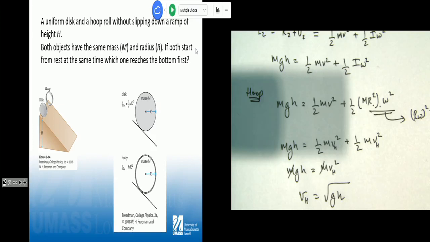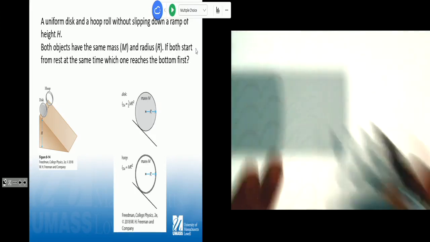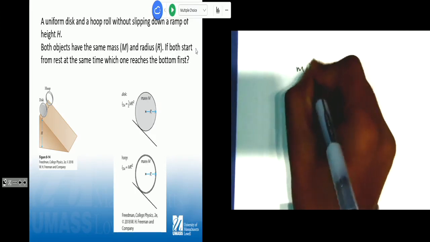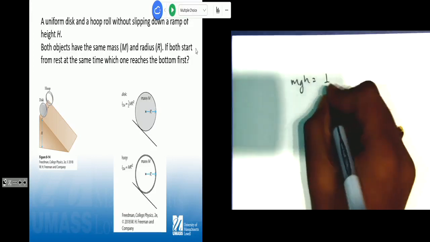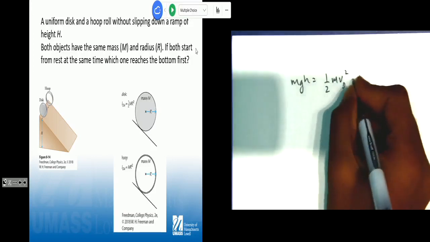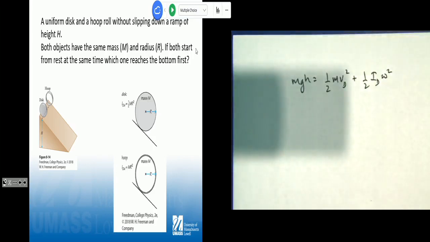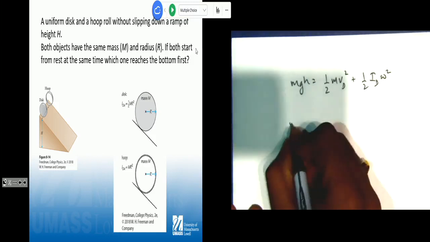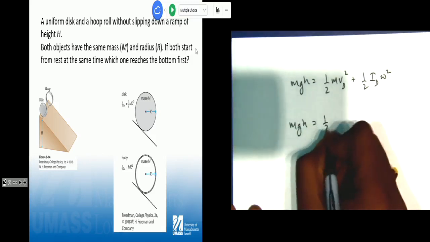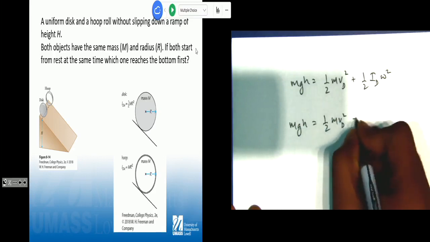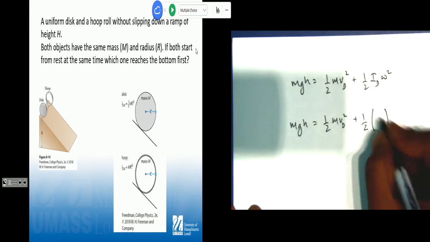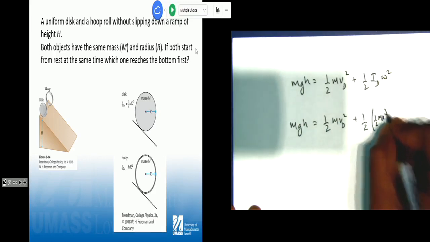Okay? We do the exact same thing for the disk. So we start at the same location. For the disk, I still have mgh equals 1/2 m v disk squared plus 1/2 I disk omega squared. That's the disk conservation of energy. This now becomes mgh equals 1/2 m vd squared plus 1/2 I disk, and I disk is 1/2 mr squared.